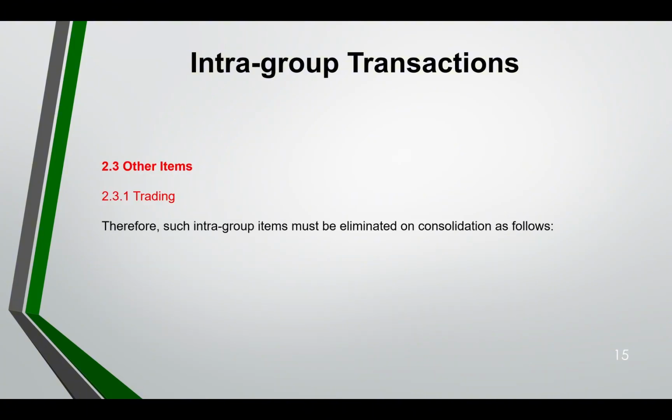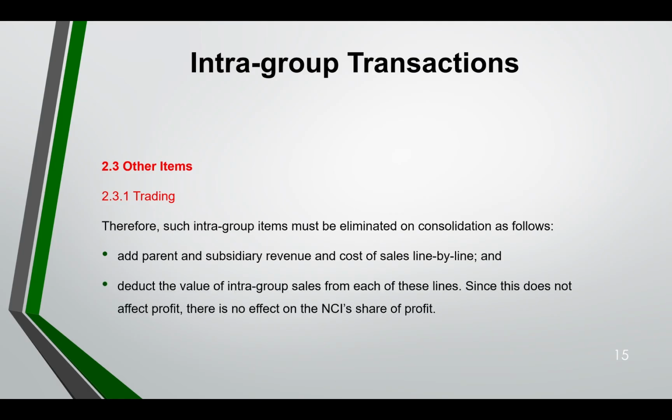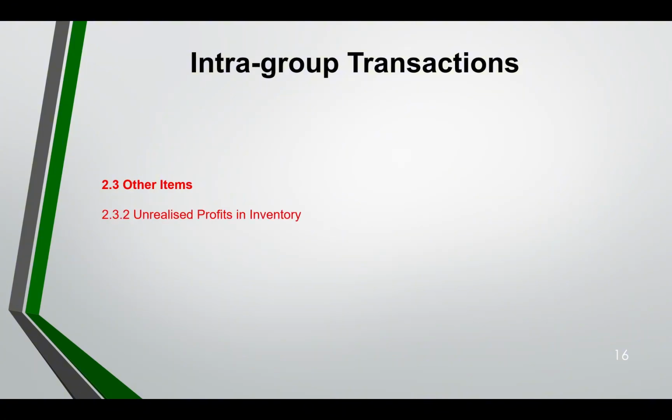This also is eliminated. So add parent and subsidiaries' revenue and cost of sales line by line and deduct any intragroup sales. This will not affect the profit. Therefore, there is no effect on the NCI share of profit also on this.